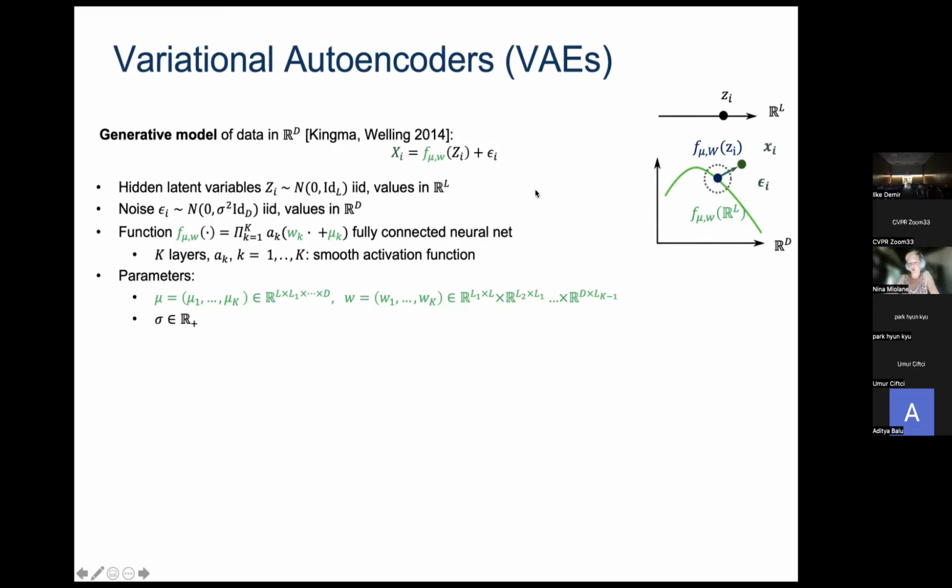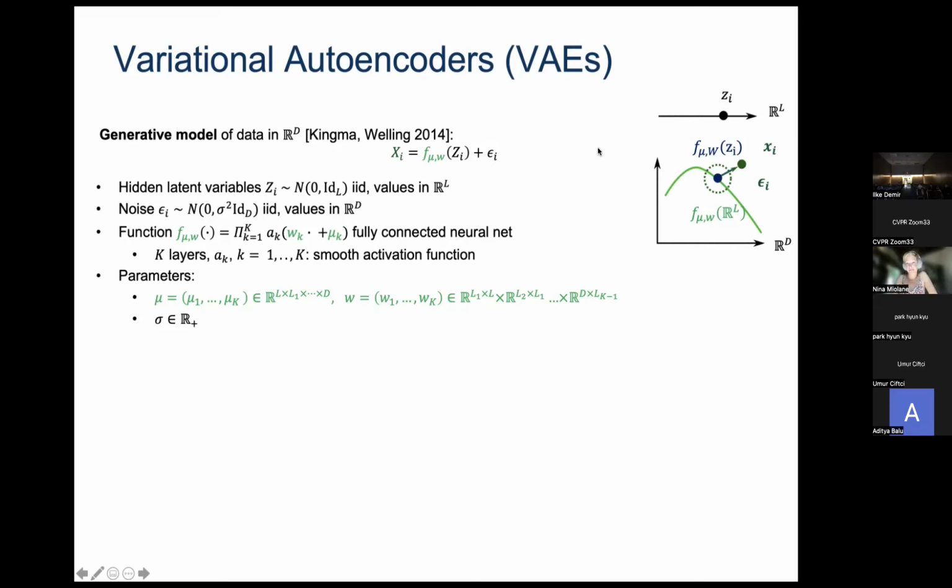And then noise is added to the model. Now, if we were to pass the whole latent space RL through the function f of mu and w, we would get this nonlinear light green curve that represents the nonlinear subspace that we are learning. That's a geometric explanation of the generative model of the data that is at the foundation of the variational autoencoder.